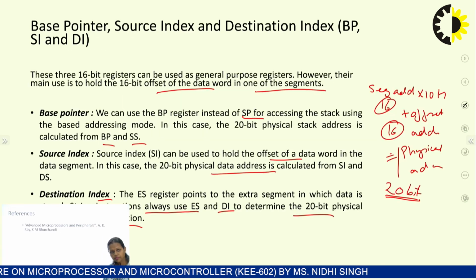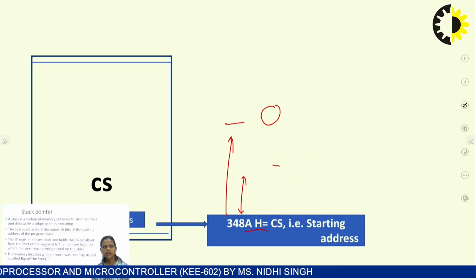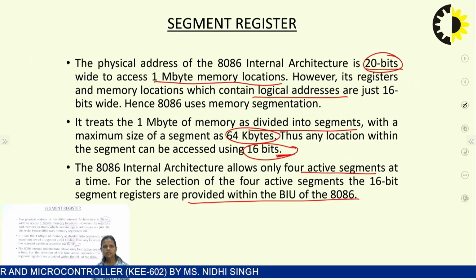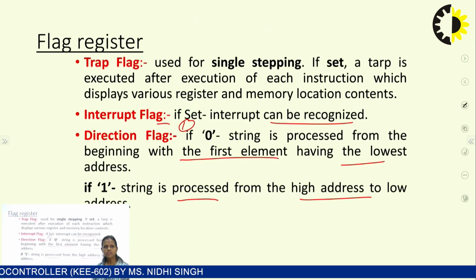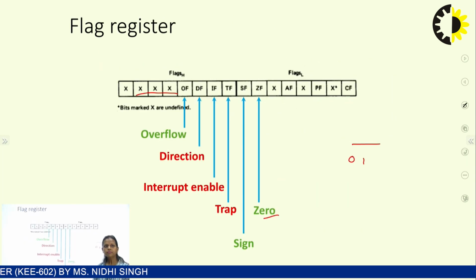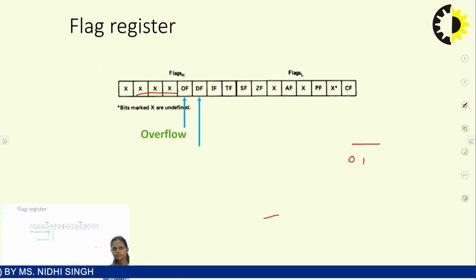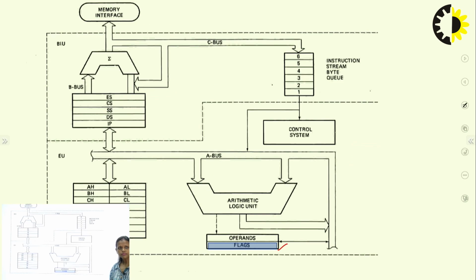Before I conclude, I am coming back to the architecture. I will summarize the architecture once again. Here we can see this is the bus interface unit and this is the execution unit, and the bus interface unit contains all the segment registers.